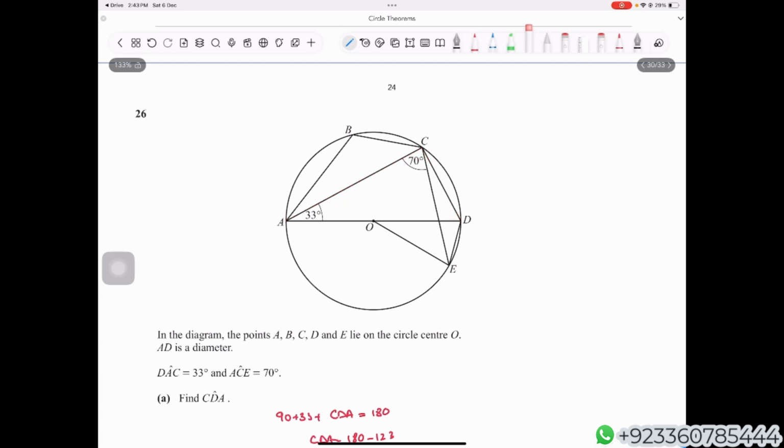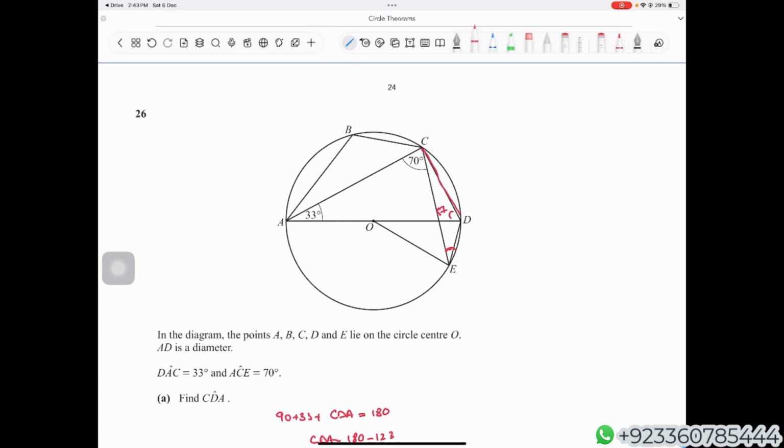DEC, which angle do we have? Let me just mark this. This is 57. DEC is this angle over here. How are we going to find DEC? Let's think about it.